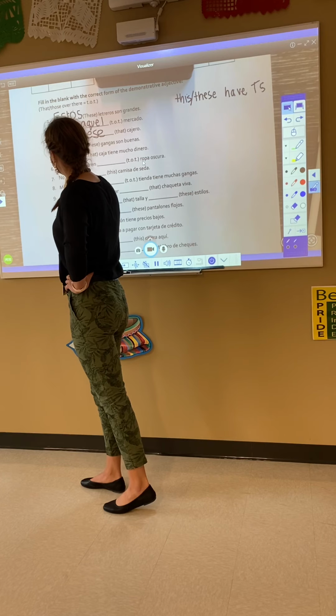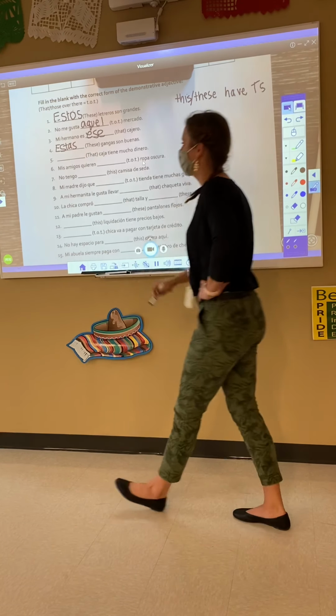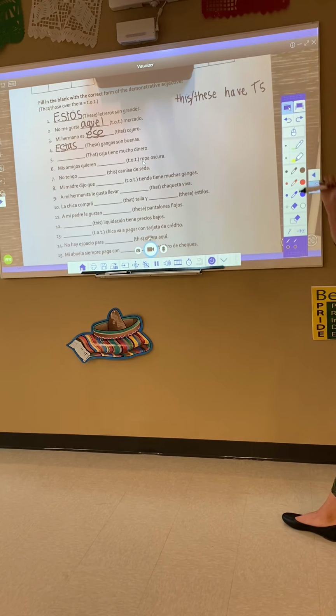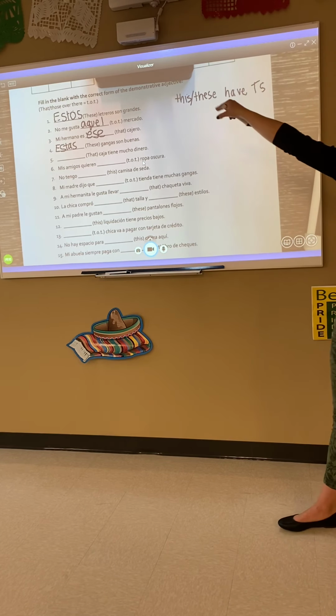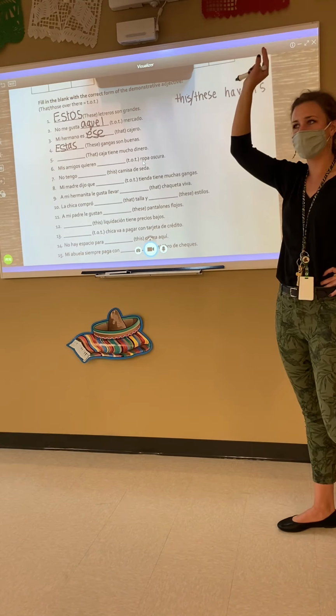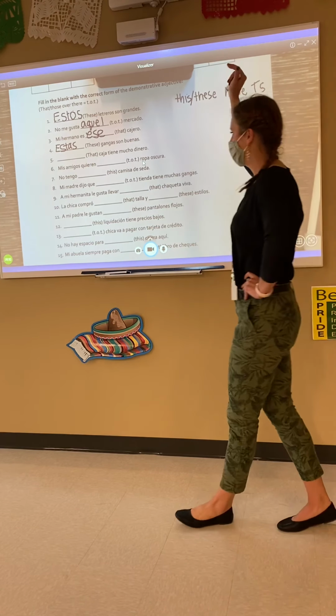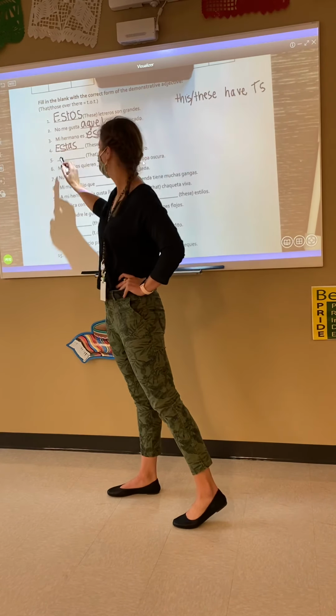We're going to stop at number 5, but I want to do one more. So that caja tiene mucho dinero. That and those don't have T's. Caja, is that feminine or masculine? Feminine. Singular, plural? Singular. So what form of that am I going to use? Esa. Good.